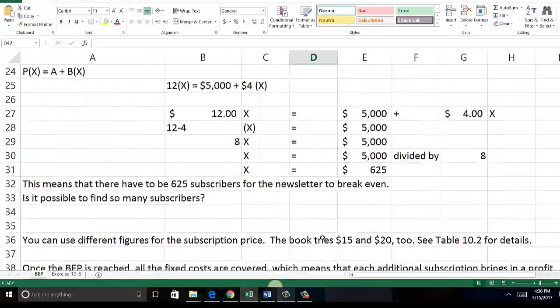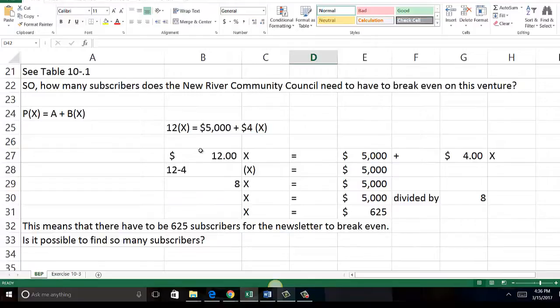All right. Anyway, so that's how you do it, and it's not hard mathematically. It's simply a little difficult because you have to know what you're solving for. In this case, you can solve for anything. But we were solving for X, which was the number of subscribers.